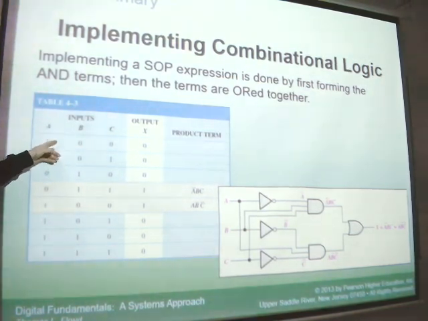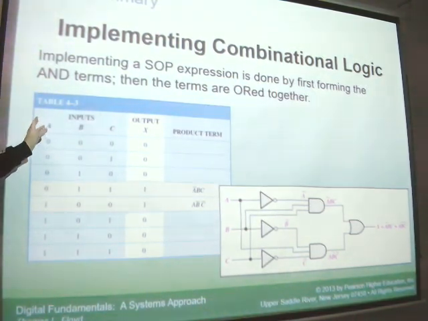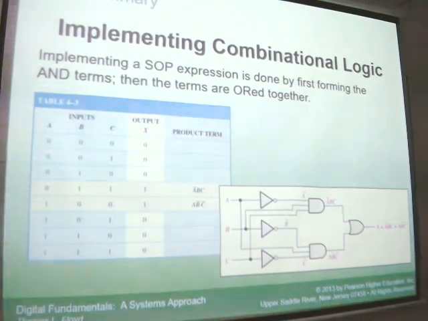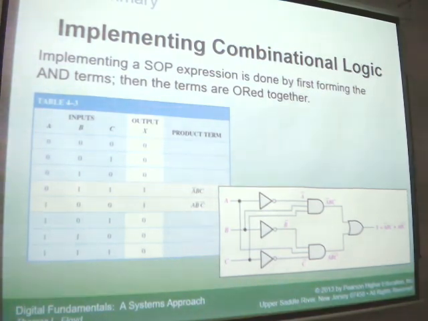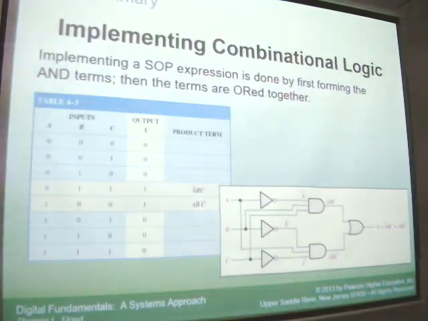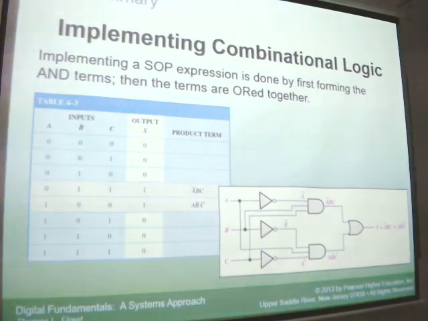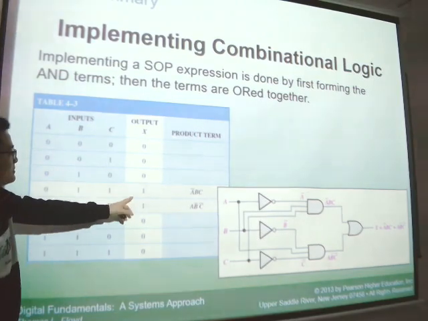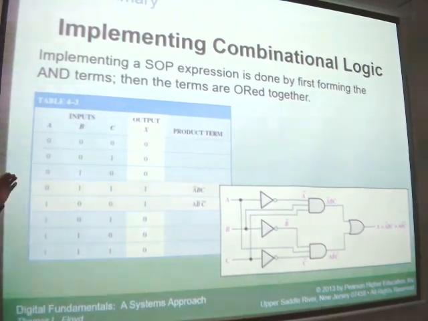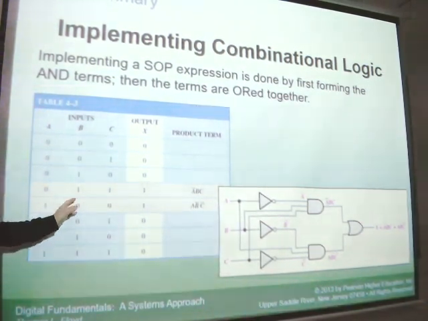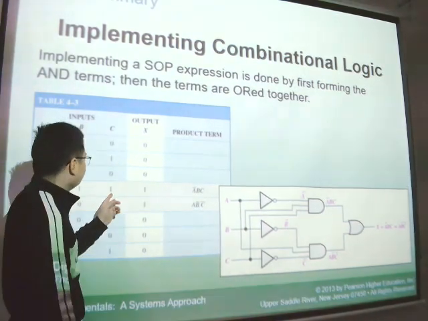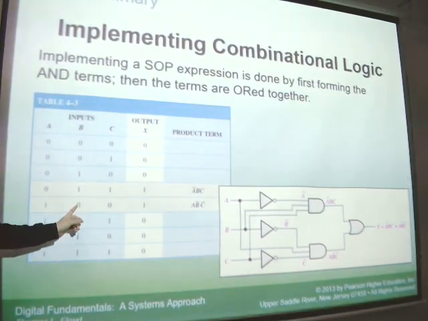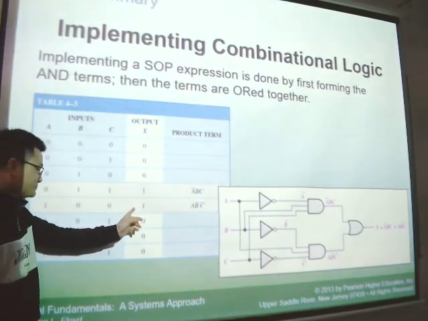For this truth table, how do we get the circuit logic? We must first find the output ones. So we know the SOP expression is A bar B C plus A B bar C bar.